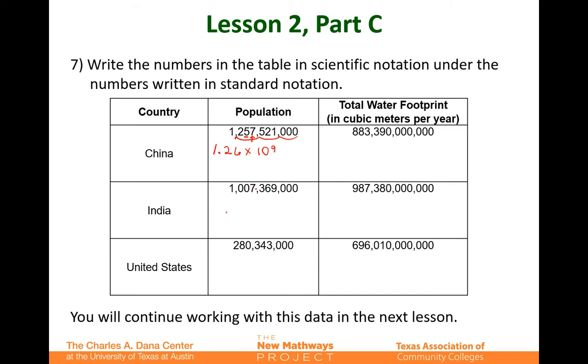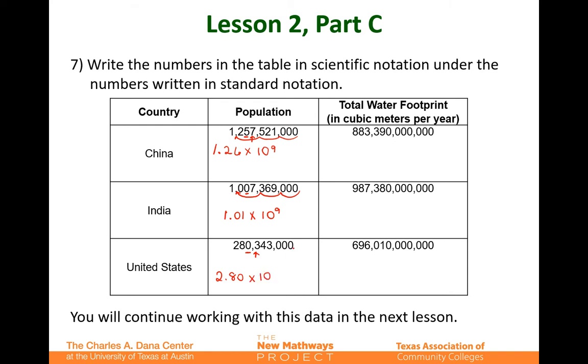This will be, let's go here. Oh, that is going to round up. 1.01 times 10. Again, I'm going to move it 3, 6, 9, right behind the 1. For the US, it's going to stay 0, so we're going to have 2.80 times 10.